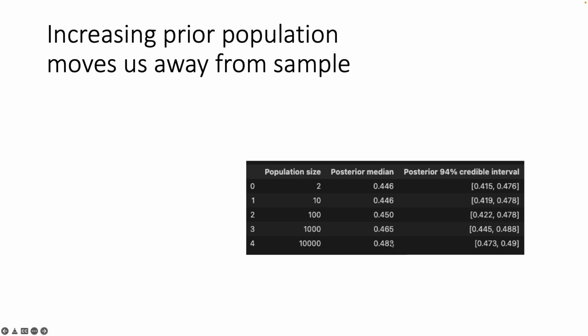Here the prior is much bigger. If the prior data is much bigger, the question is whether this information is even relevant to this case. Because generally, if we add a much bigger population, we just obfuscate our data, so we hide our data. And as you can see, the intervals are also moving.